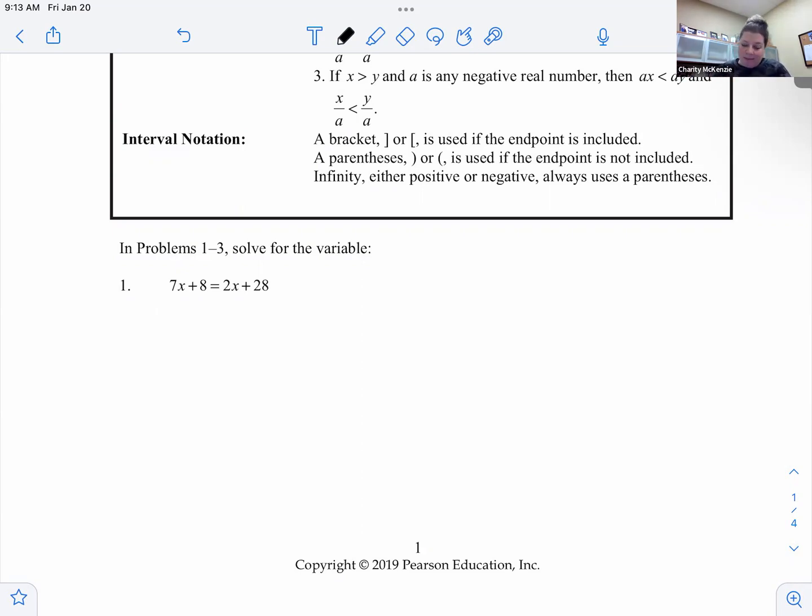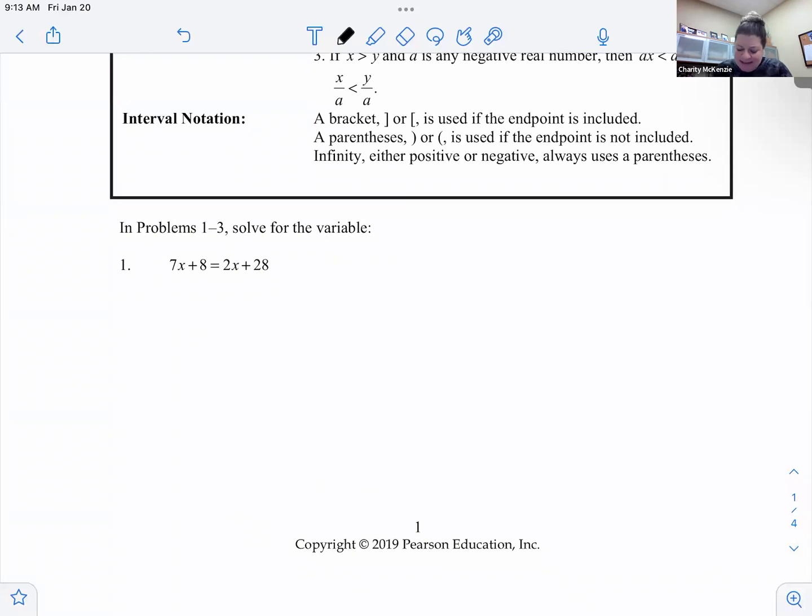So here's our first problem. We see that there is a 7x and a 2x, so there's a variable on both sides. We want to put those together first on one side of the equal sign. When they're on the opposite side, we have to do the opposite of what we see. So I am going to subtract this 2x over to this side so that they go to 0 here.